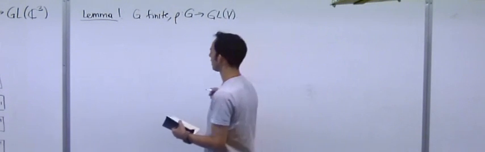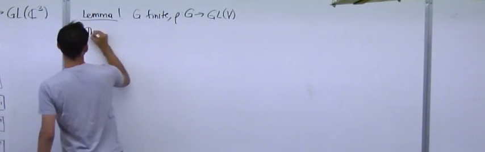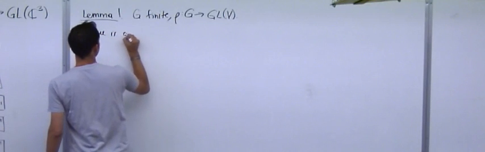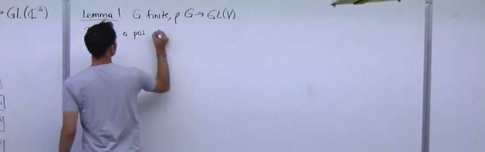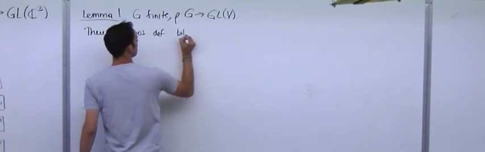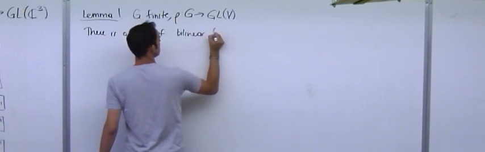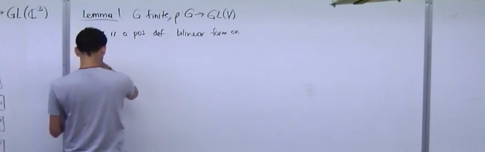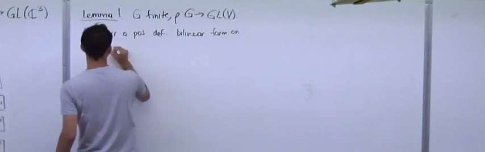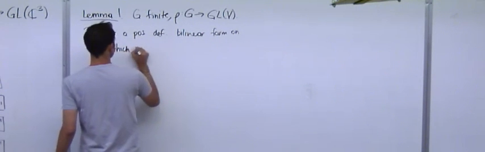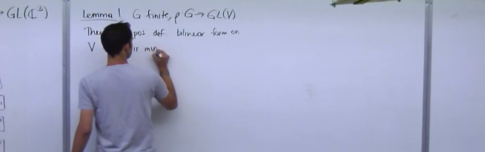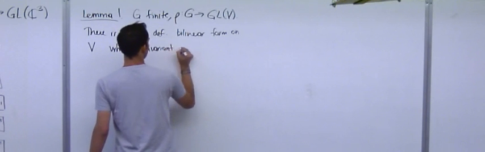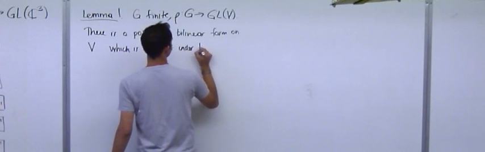Then I claim that there is a positive definite bilinear form on V, which is invariant under the action of G. So we'll see in a second what this means.